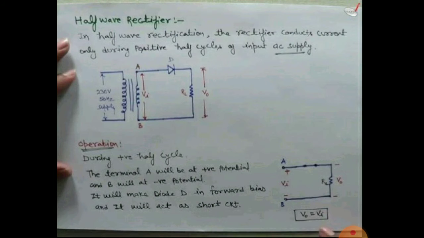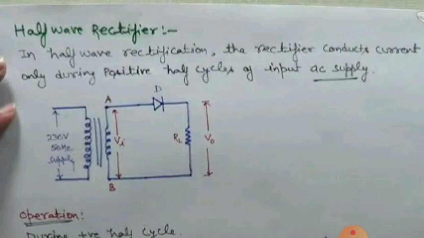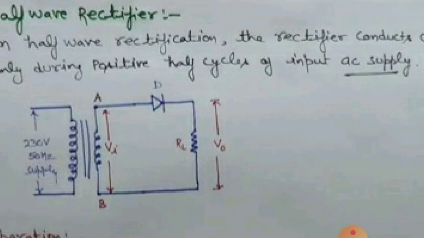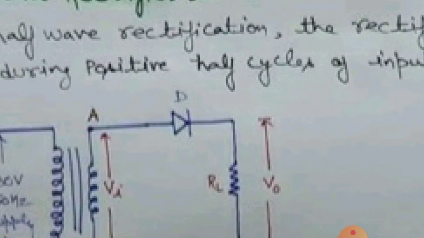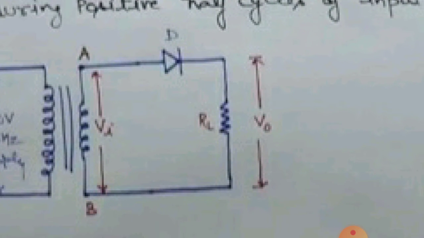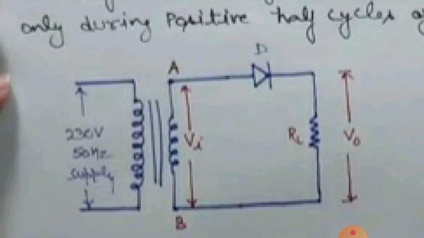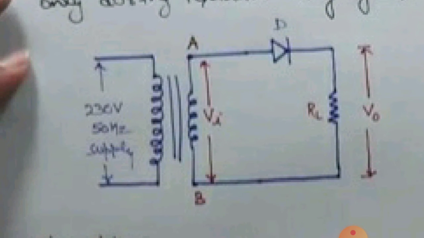This is the circuit arrangement of the half wave rectifier, consisting of a p-n junction diode and a load resistance RL. The whole arrangement is connected across the secondary of a step down transformer. The primary of this transformer is connected to a 230 volt 50 Hz AC supply.